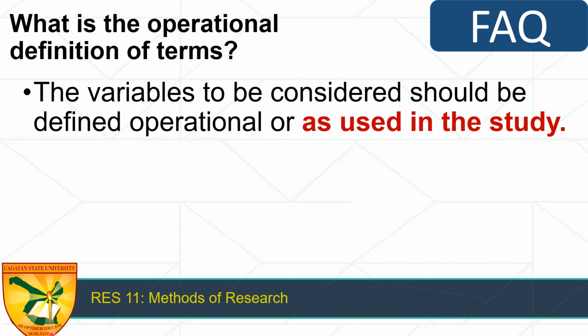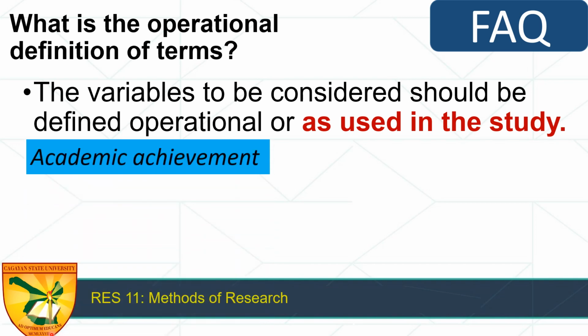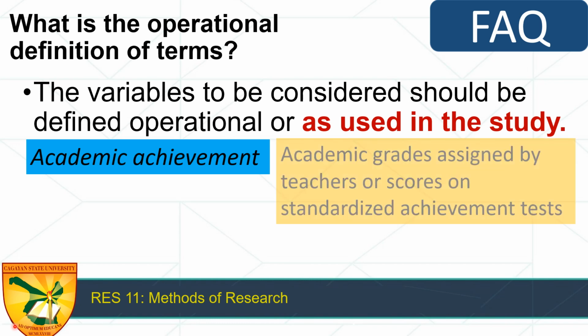Such expressions as academic achievement and intelligence are useful concepts, but they cannot be used as criteria unless they are defined as observable samples of behavior. So for example, academic achievement: these are academic grades assigned by teachers or their scores on standardized achievement tests.